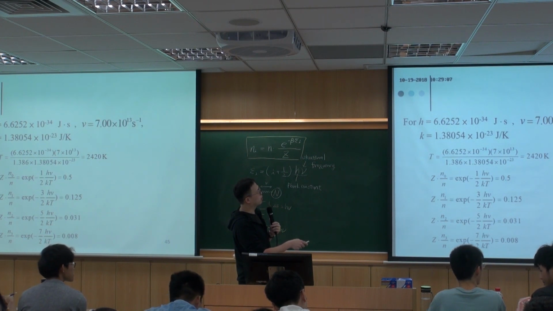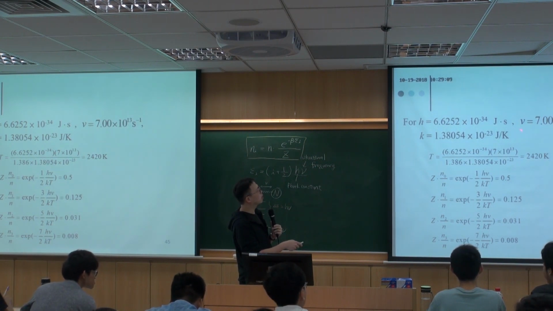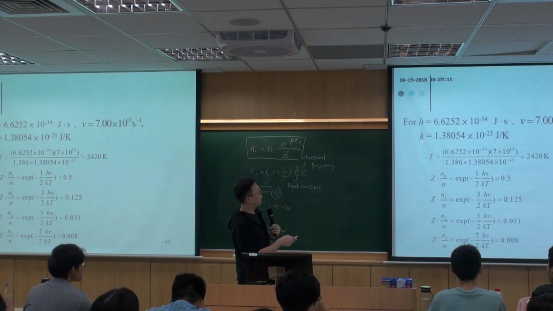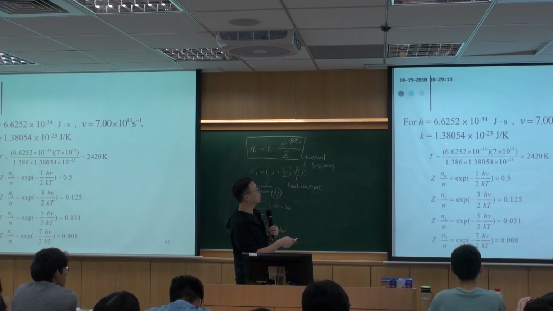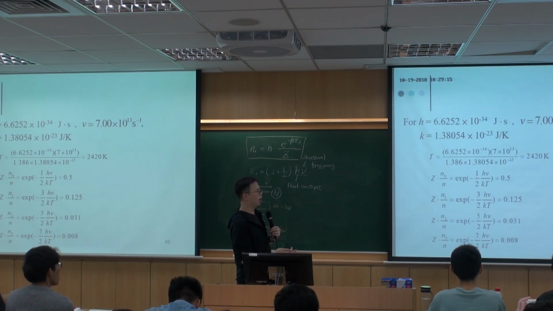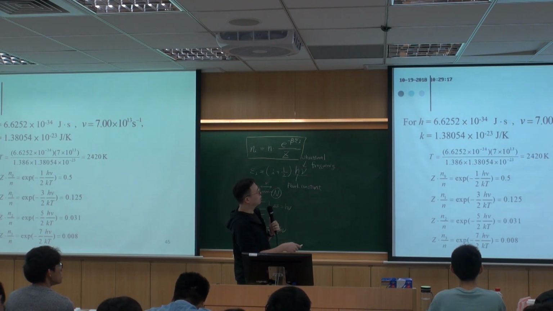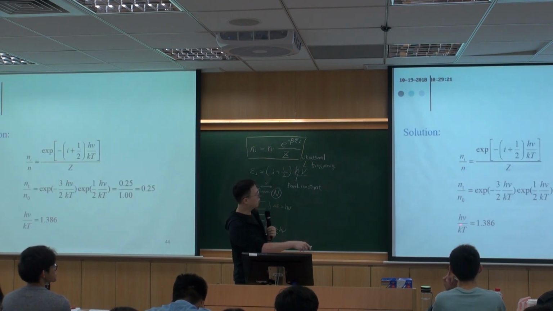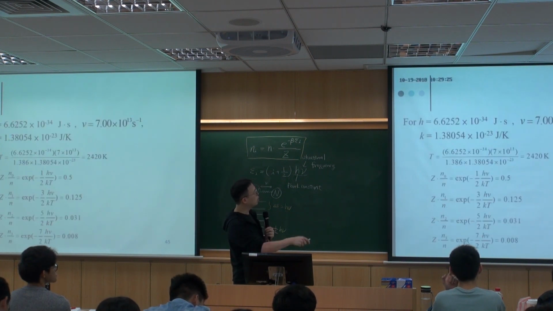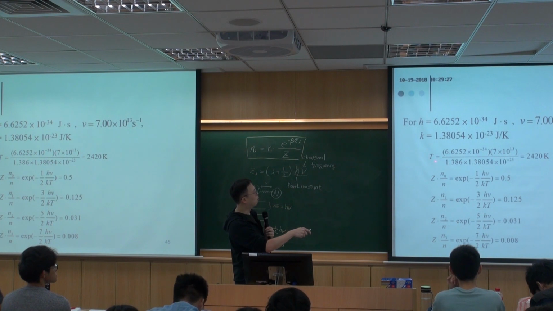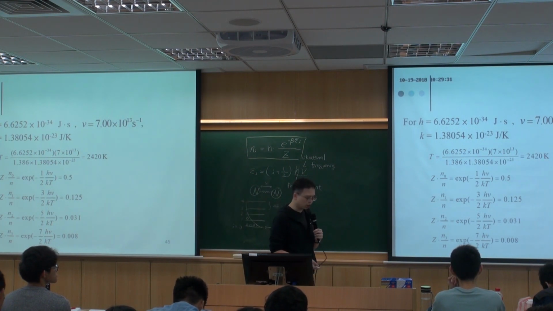And this is the frequency given by the problem, and you have the Boltzmann constant. This will also be given. And the temperature can then be derived, because we know that h mu over kT is this constant. Therefore, your temperature, once you calculate that, is about 2,400 Kelvin.